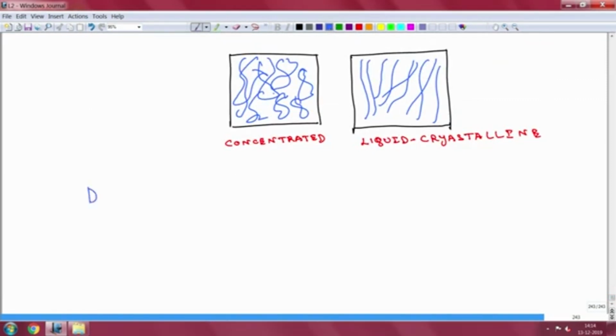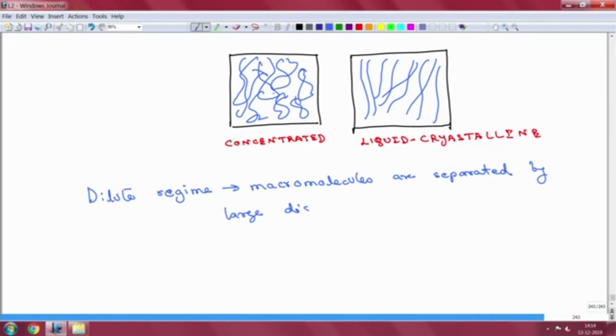So, the first one was the dilute case. So, dilute regime. In this regime, macromolecules are separated by large distances and do not interact significantly.